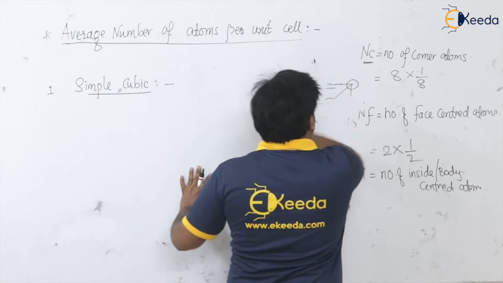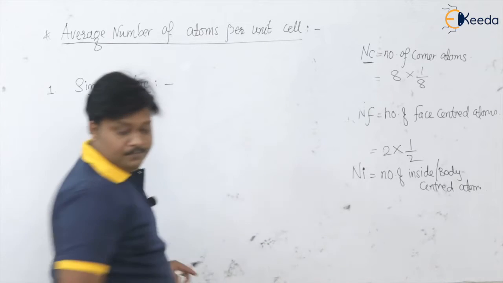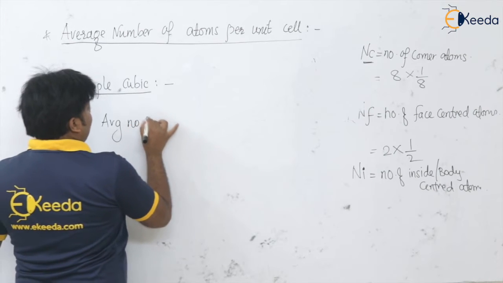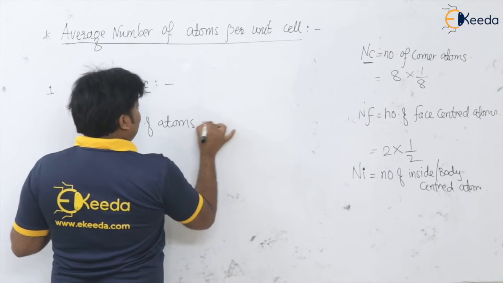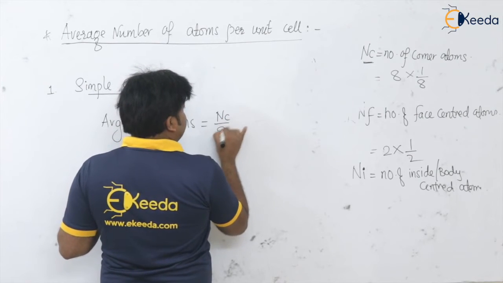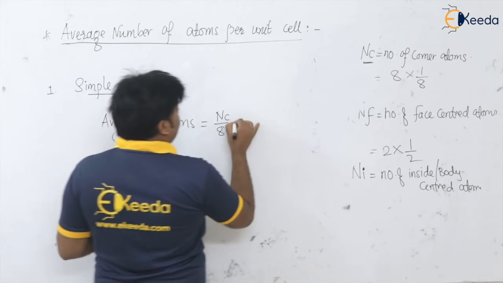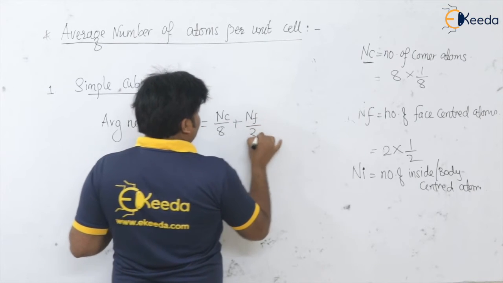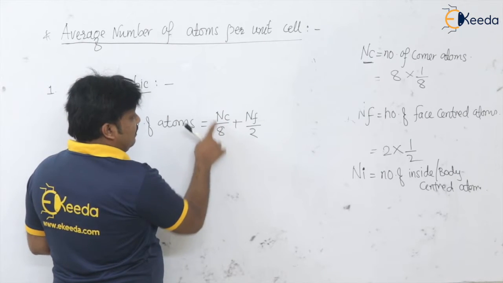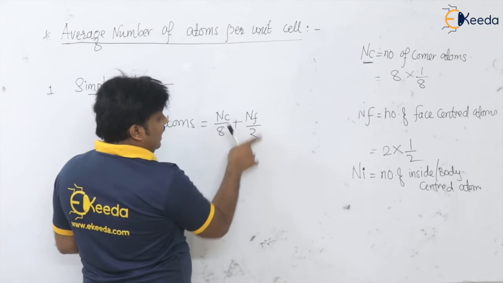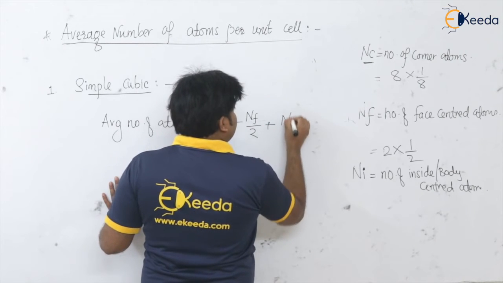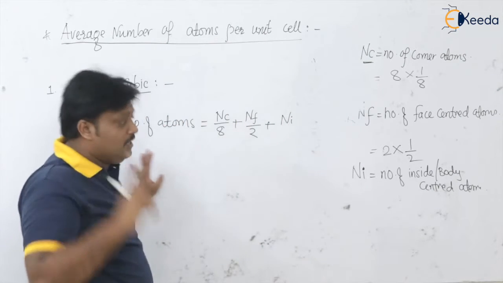Okay, so we can make the formula like this. The average number of atoms for the cubic crystal structure we can calculate as Nc divided by 8, I am making a standardized formula, plus Nf divided by 2, because the 8 corner atoms are shared by 8 cells, one by eight. Then two adjacent cells share the face atom, and Ni will be shared by only one or a single unit cell.